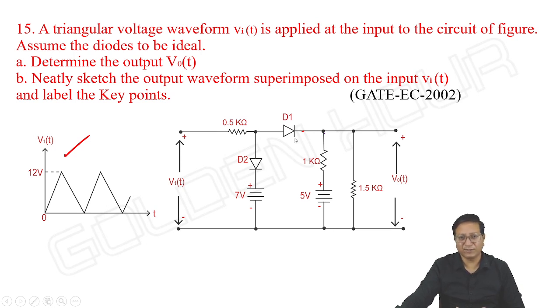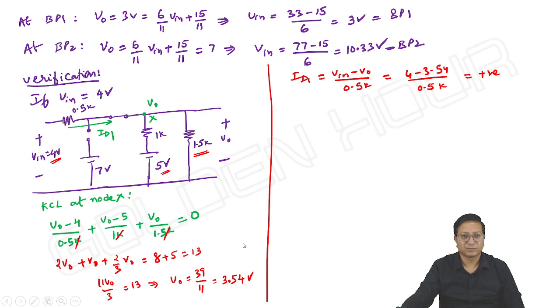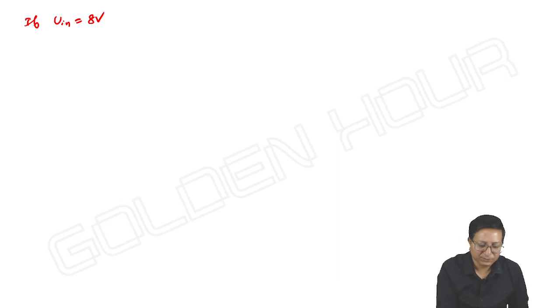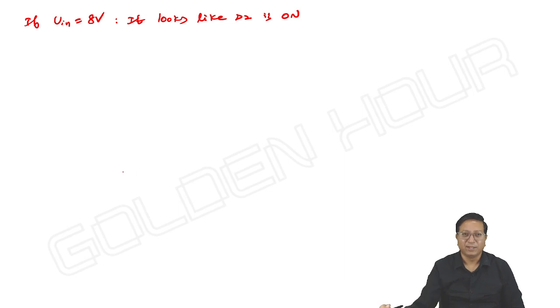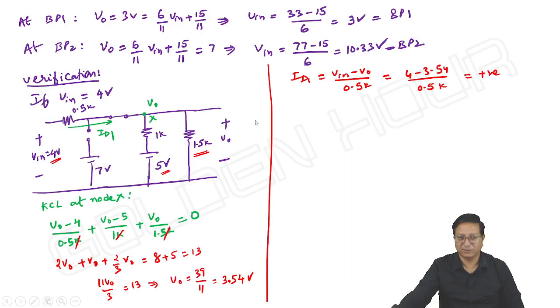Anyway, D1 is on conduction. It looks like D2 is on. We have been following a procedure of calculating ID1 and ID2.